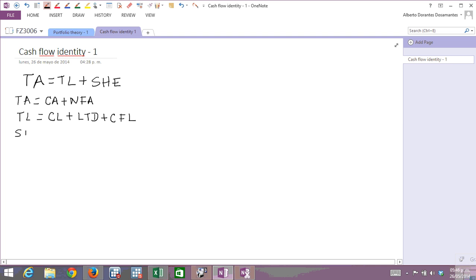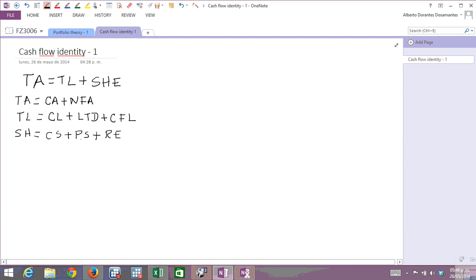Now, if I continue with the shareholder equity, you can say that shareholder equity is equal to common stock plus preferred stock plus retained earnings. Okay, common stock is the money that the shareholders put in when the company started.